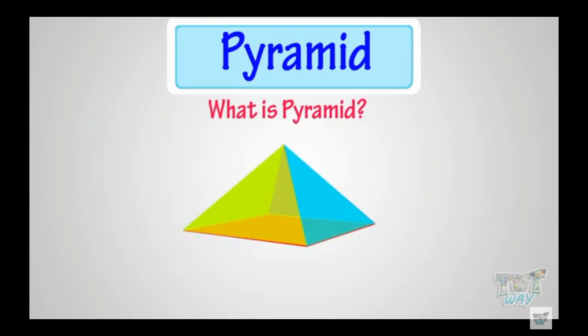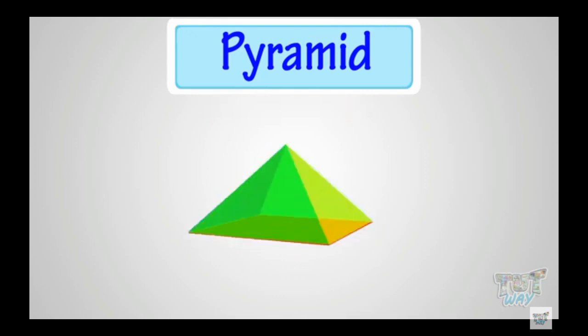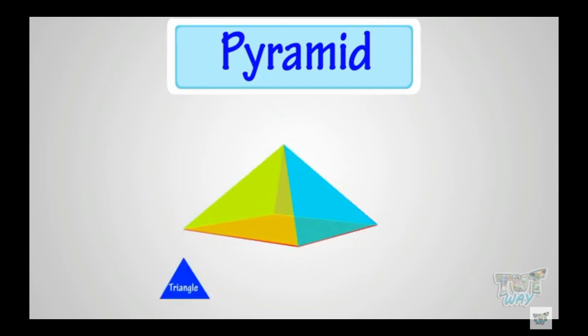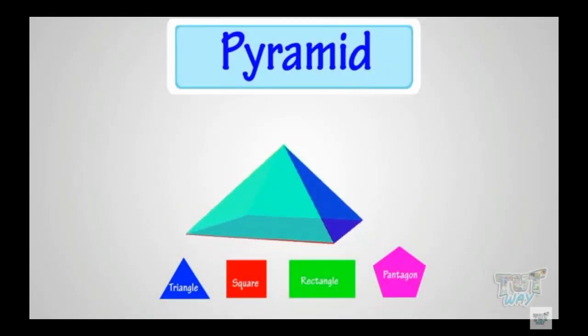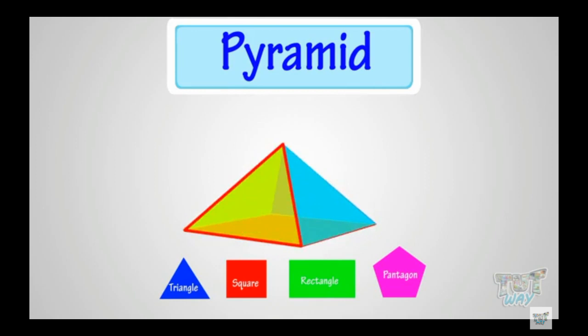In simplest words, a pyramid is a 3D shape that has a single base, which can be of any polygon shape like triangle, square, rectangle, or pentagon. And all other faces are triangles that converge to a single point at the top, which is called its apex.